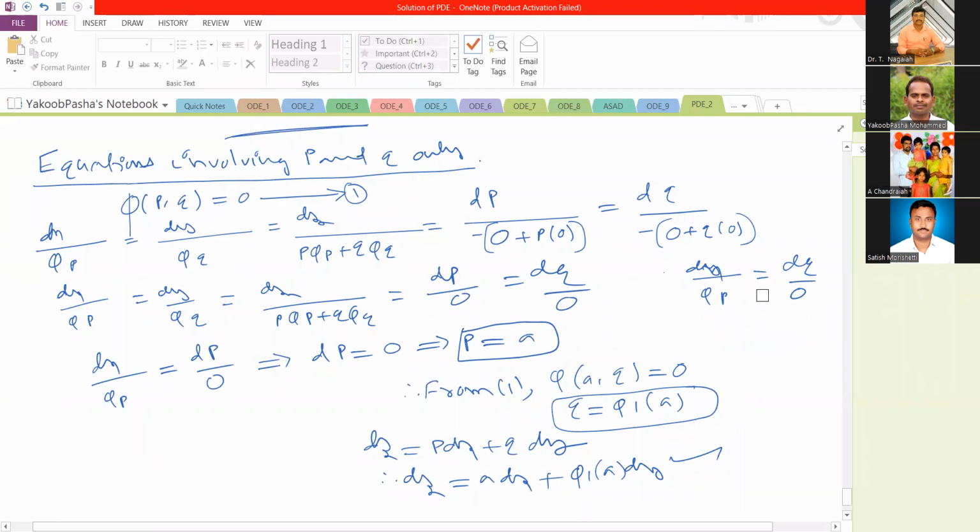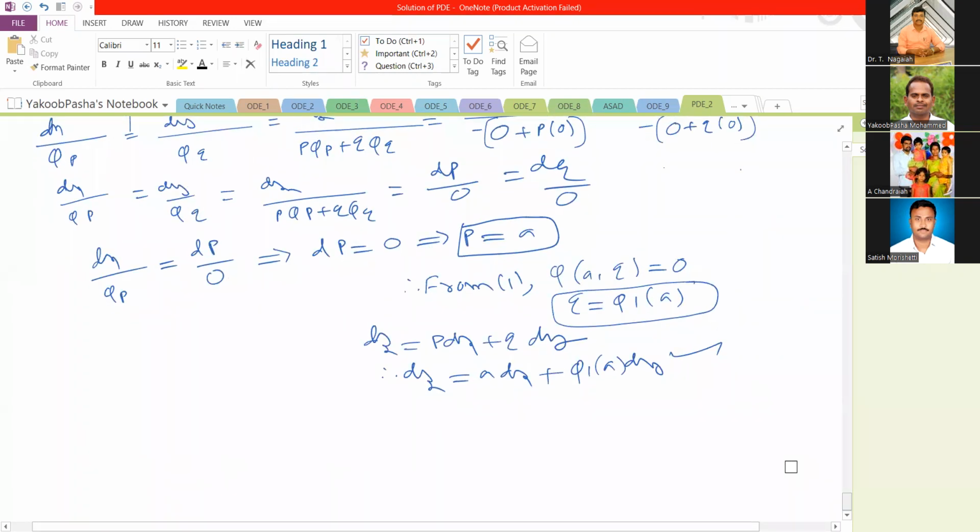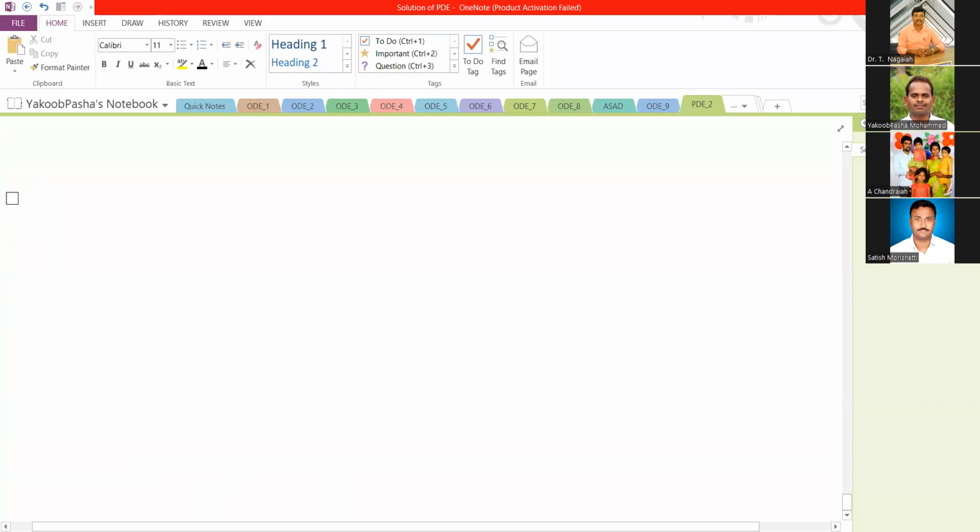Now I am taking one example from CSIR. The solution of the partial differential equation pq is equal to 1 is.